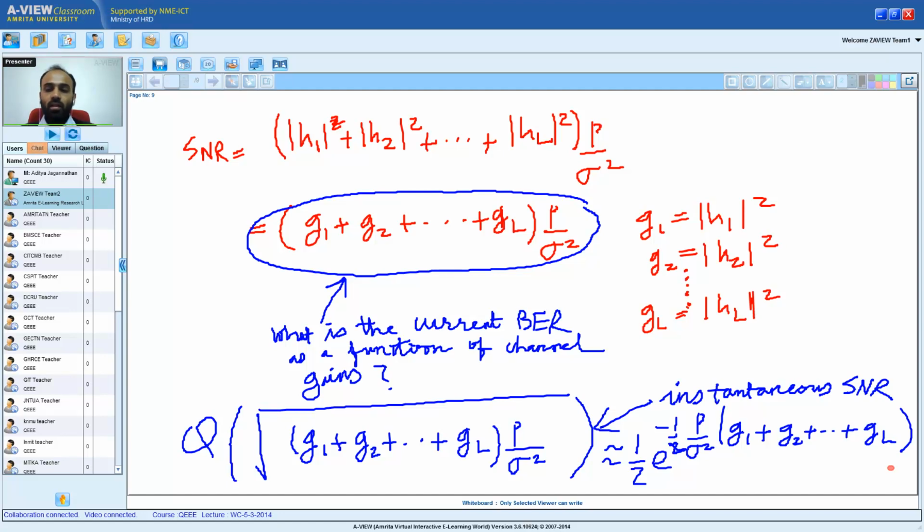Now can someone tell me, what is the joint distribution of G1, G2, GL, if the gains G1, G2, GL are independent?